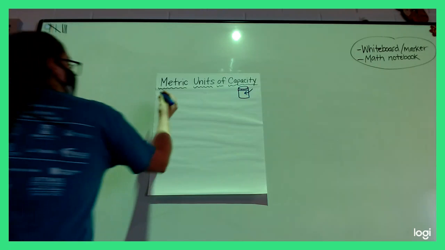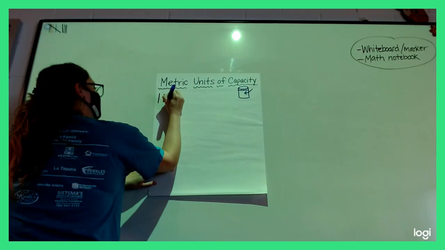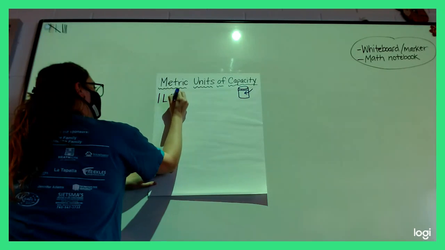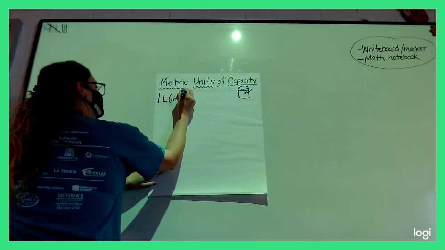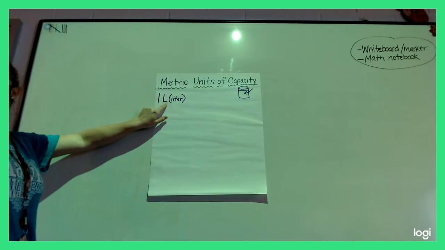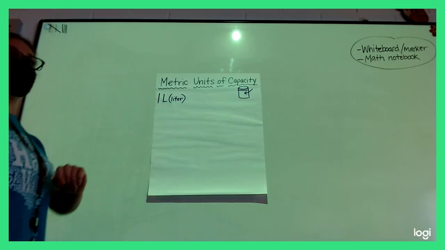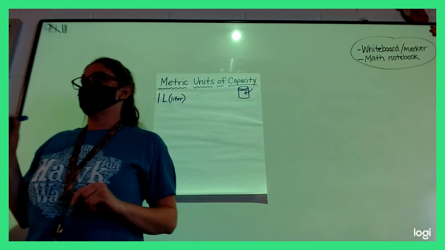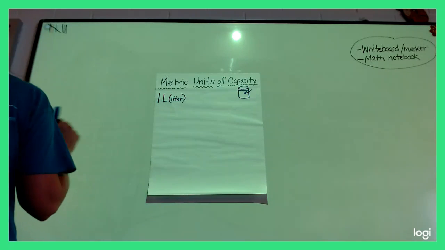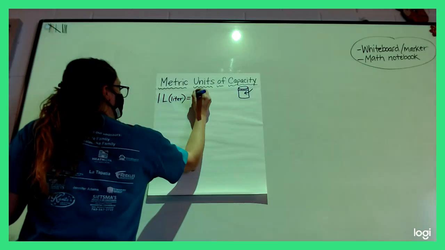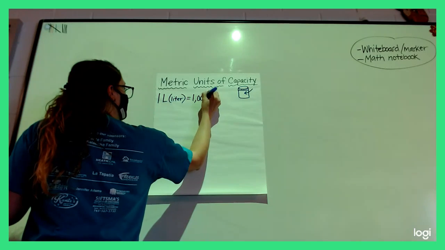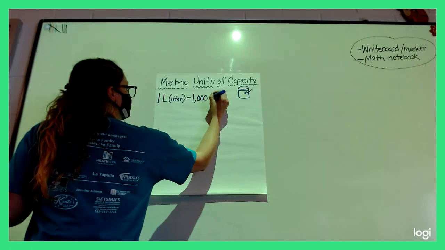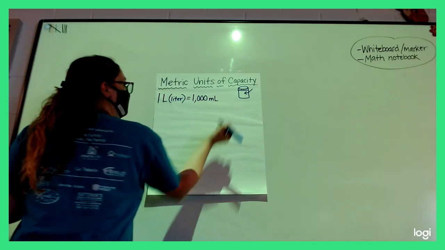We need to know that 1 liter, and you can do a capital L for liter. If you do a lowercase l, it'll look like a 1, so make sure it's capital. 1 liter is 1,000 milliliters, which is a little m, big L.